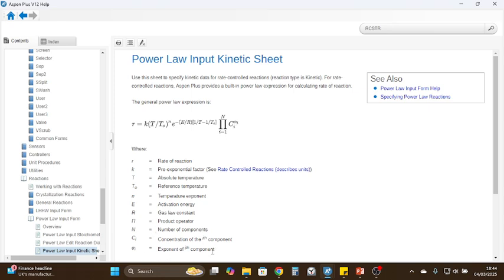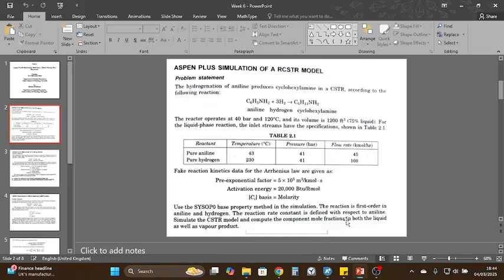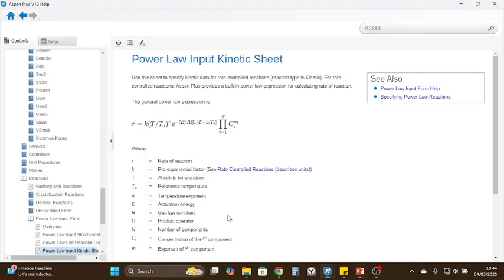So if you remember, the exponent that we had filled was 1, because it is written over here that the reaction is first order in aniline and hydrogen. So that is why we had specified 1 over here in the reaction input sheet that we specified just before opening this sheet.